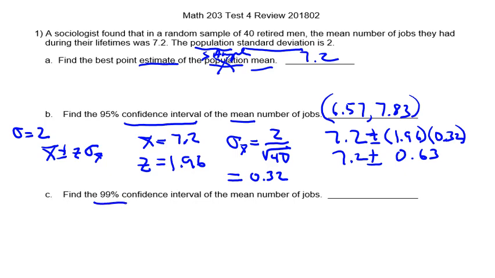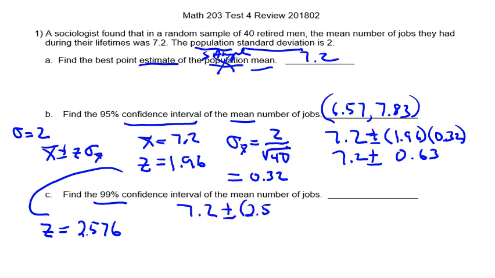C. Find a 99% confidence interval for the mean. Okay, so here the only difference is, instead of working with z of 1.96, z is 2.576. So you substitute it into the formula. 7.2 plus or minus 2.576 times same standard deviation 0.32.